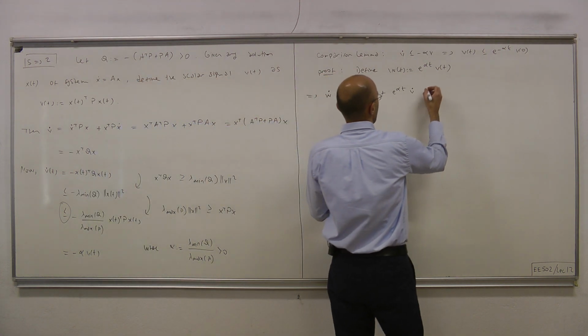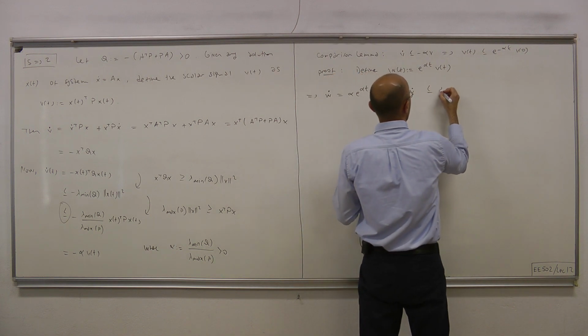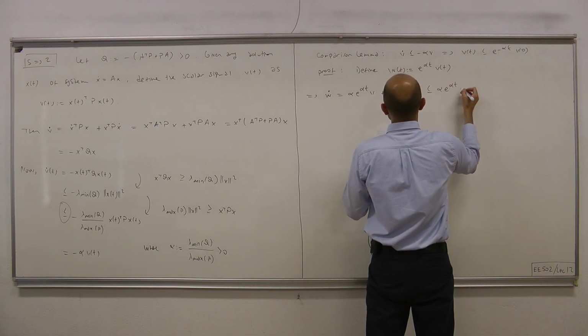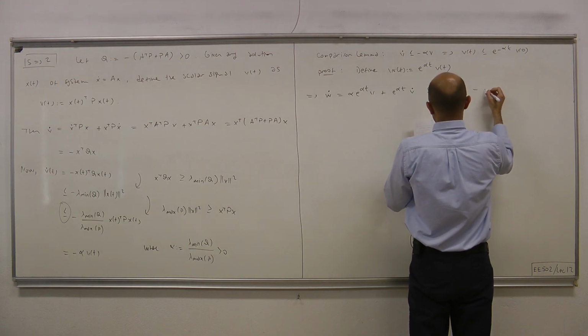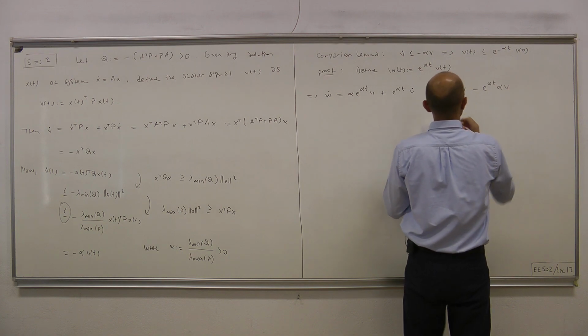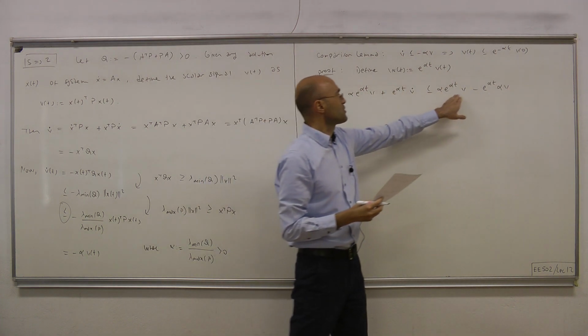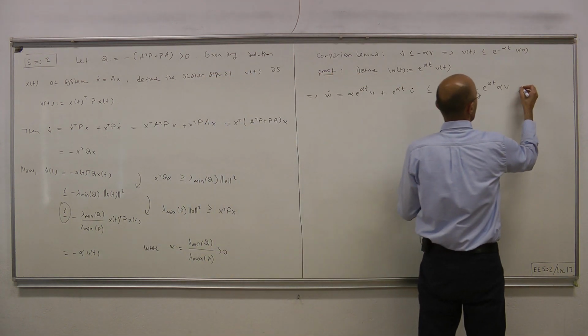Okay, and v dot is less than or equal to minus alpha v, so here we can write alpha e to the alpha t v minus e to the alpha t alpha v. Okay, note that this term and that term are equal to one another, therefore the difference is 0.